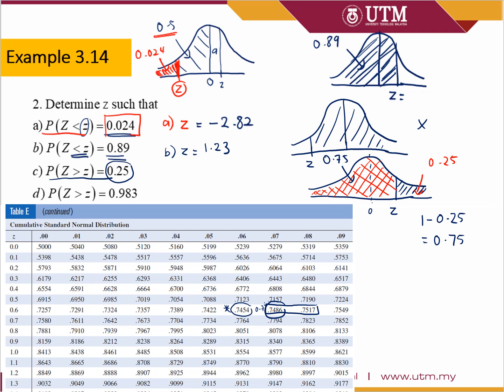So I will use this z value, the closest one, which is 0.67. So the z value will be 0.67. This example is from B, where the z value is 1.23. And for A, the z value is negative 2.82.